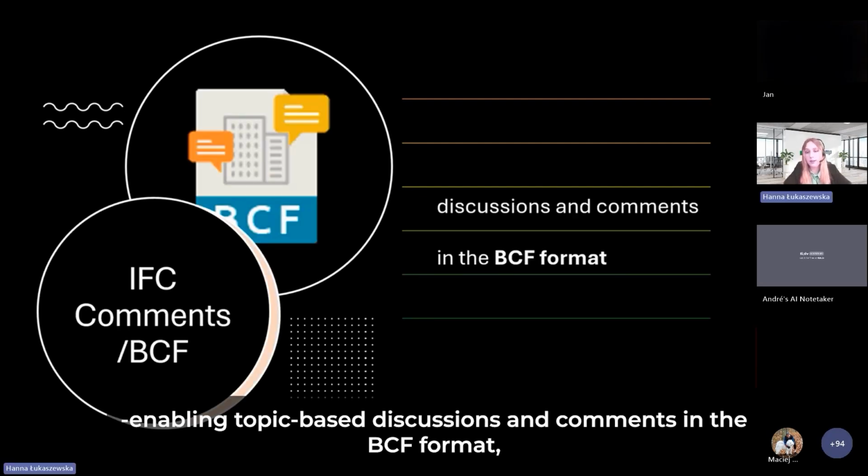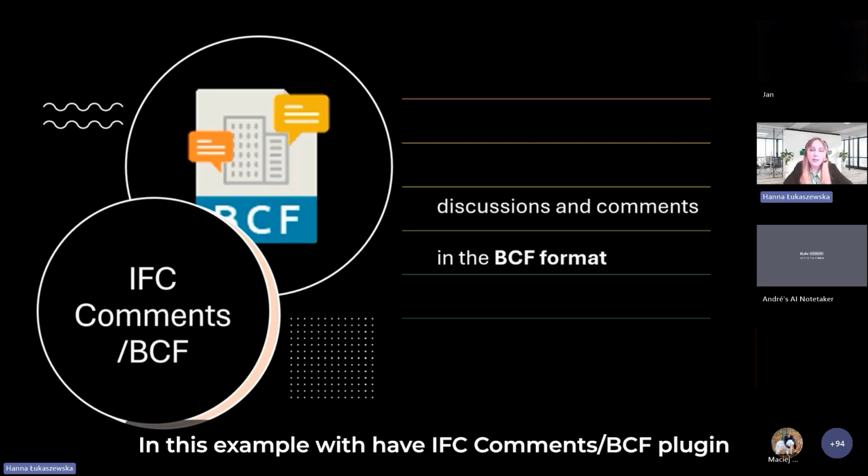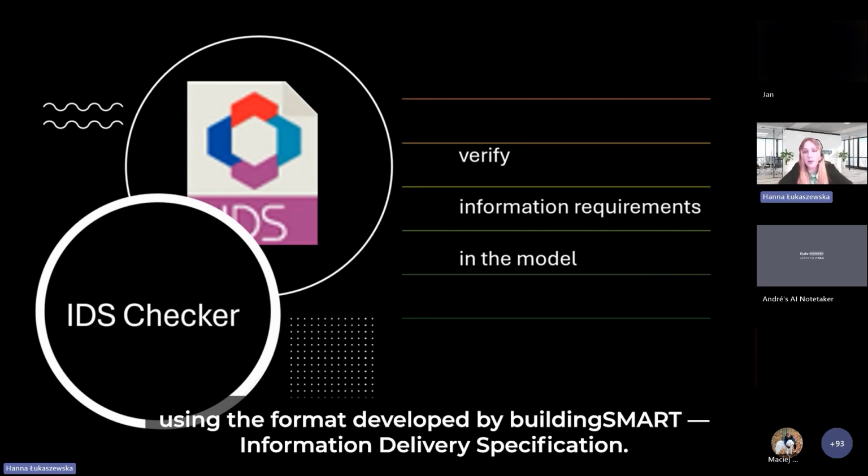We also have plugins that enable topic-based discussion and comments in the BCF format, which improves collaboration and communication between project stakeholders. In this example, we see the IFC comments BCF plugin. Plugins that make it possible to verify information requirements in the model using the format developed by BuildingSmart, the IDS, Information Delivery Specification.